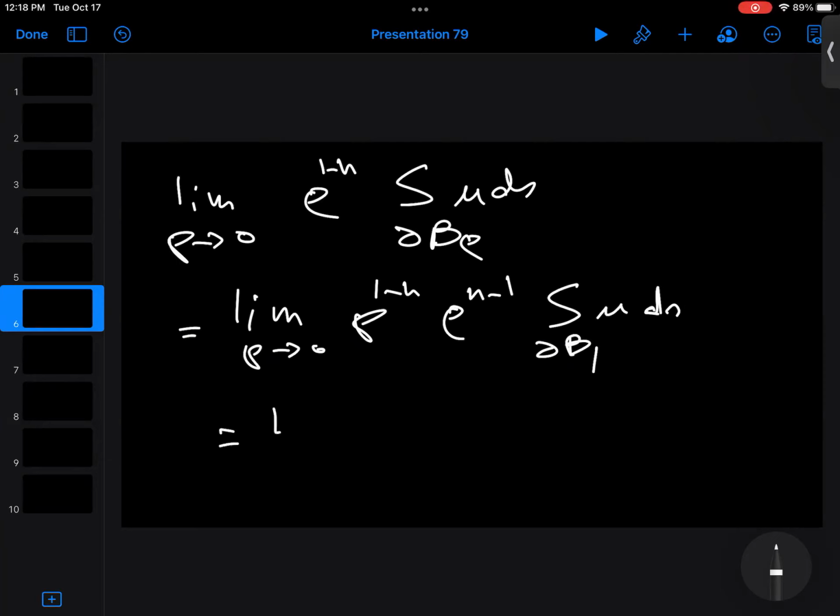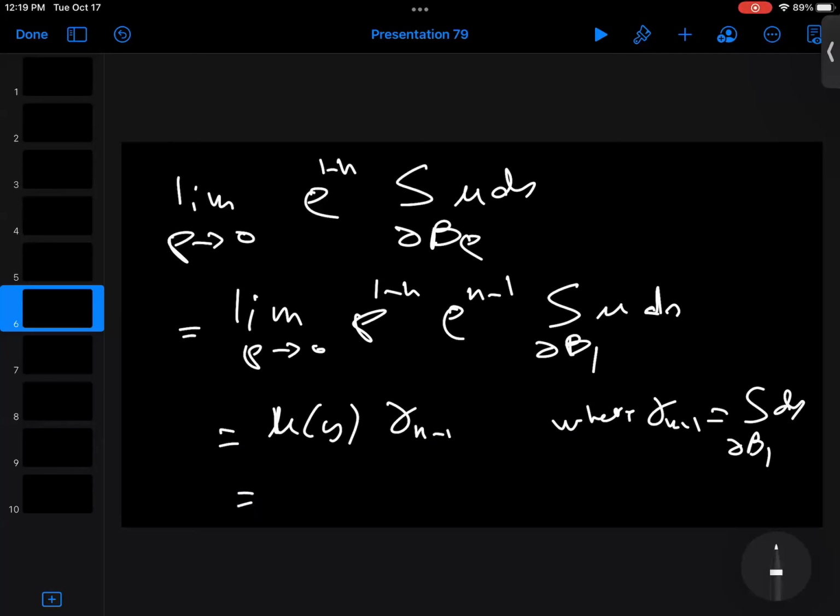And so as rho is going to 0, this is exactly u of y times gamma n minus 1, where gamma n minus 1 equals the integral over the sphere of radius 1 of ds.